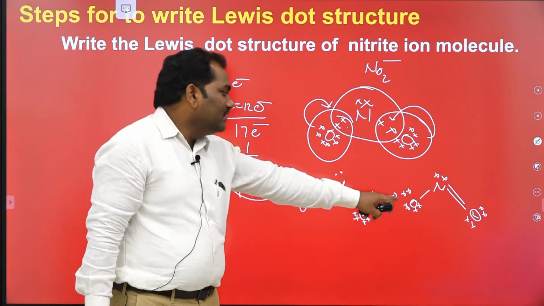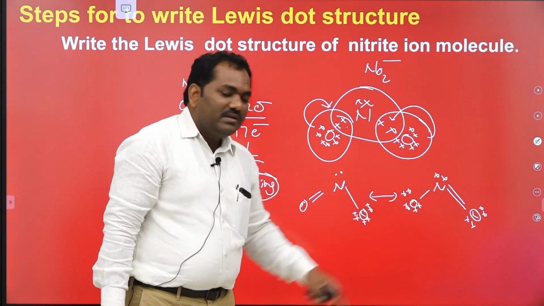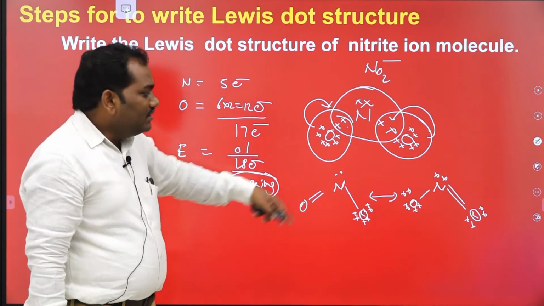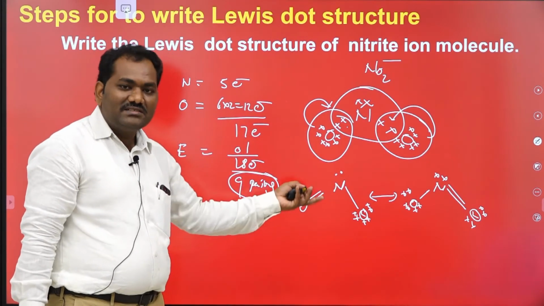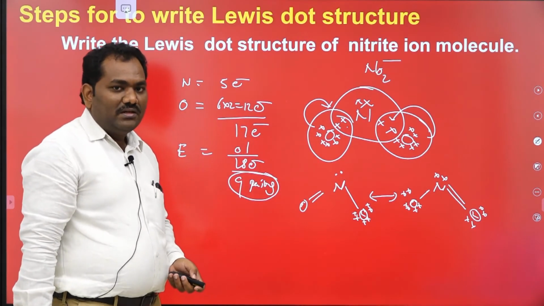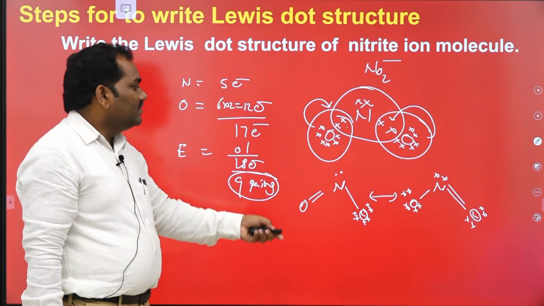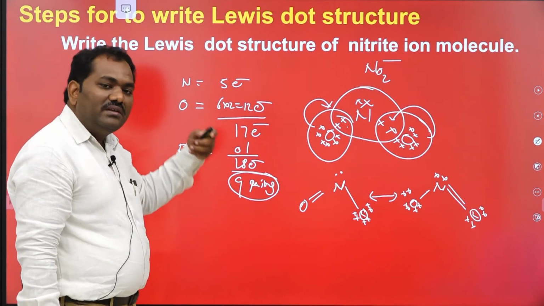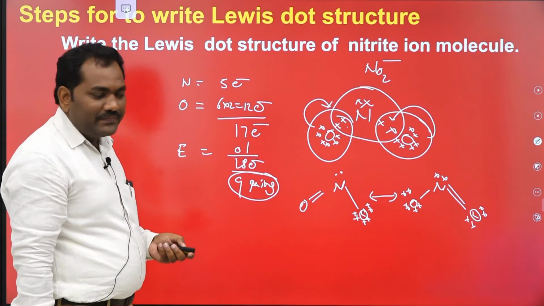In the second structure, the double bond is present between the second oxygen atom and nitrogen. These are continuously changed from one structure to another. This is called resonance. Like this we can write the Lewis dot structures of any type of molecule.